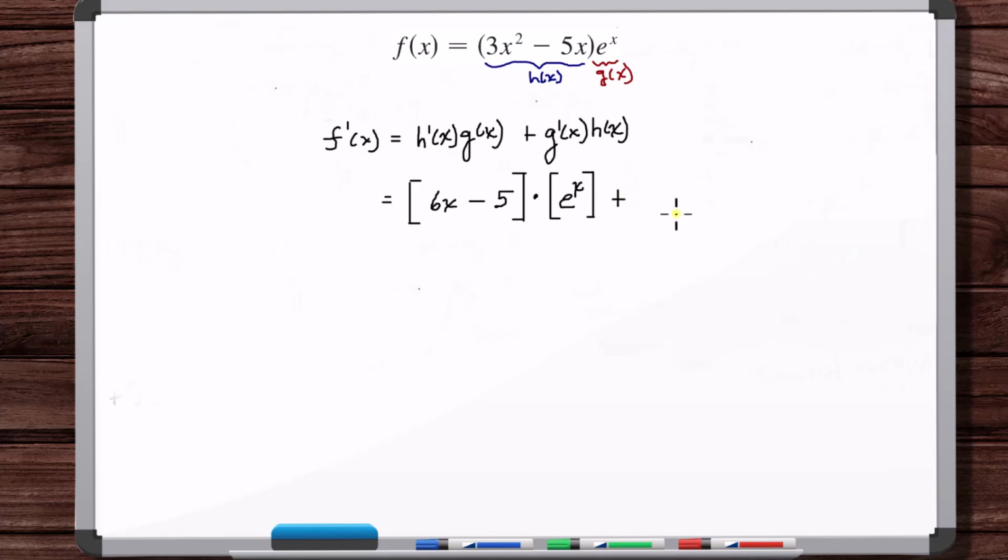Plus, and I'm putting these big brackets, I guess I didn't have to here, but if we had a bigger problem, you really want to isolate the derivatives and the functions, because you have to multiply all of that together. Now g prime of x: what is the derivative with respect to x of e to the x? That's just e to the x, times h of x. Just write h of x as it is.